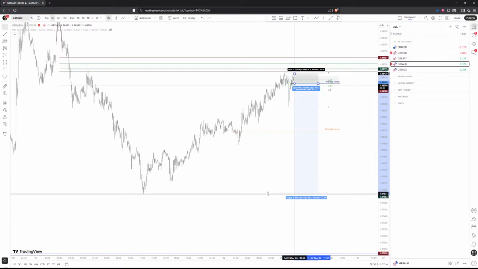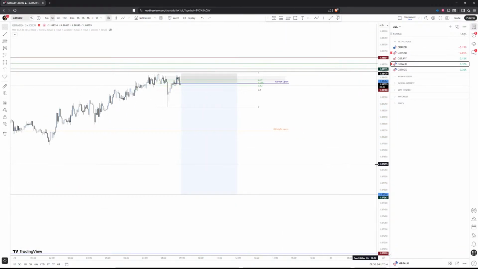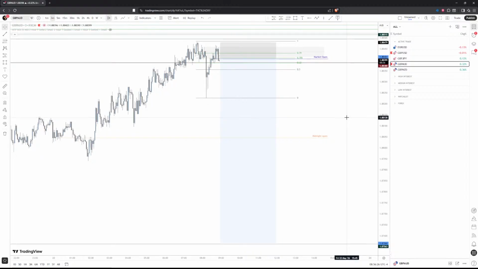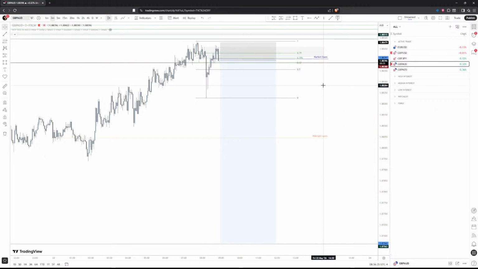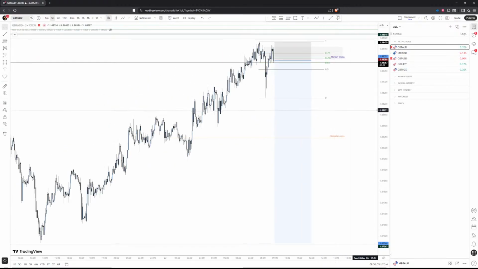There's a clean idea right here. And into this trade right now.